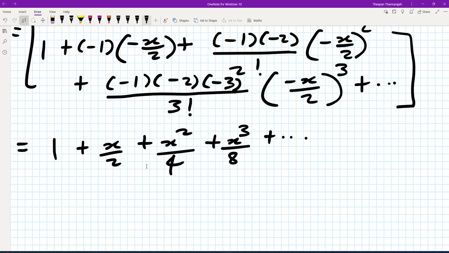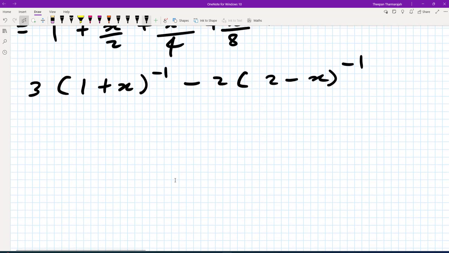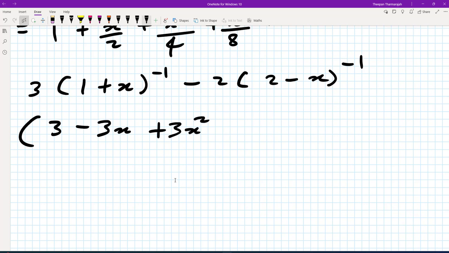So I'm going to write it as 3 times 1 plus x raised to the power of minus 1, and then we have minus 2 times 2 minus x raised to the power of minus 1. Now this minus in the middle is going to affect the other terms, so we need to be careful there. What we end up with is 3 minus 3x plus 3x squared minus 3x cubed.